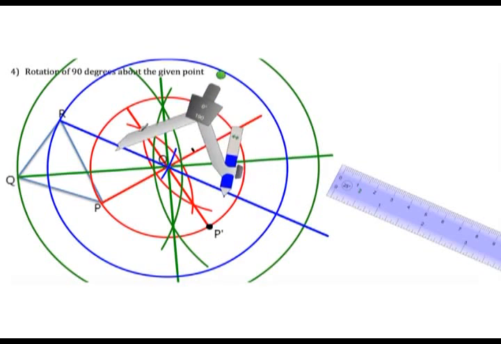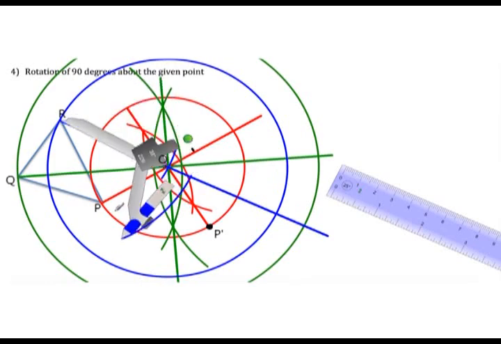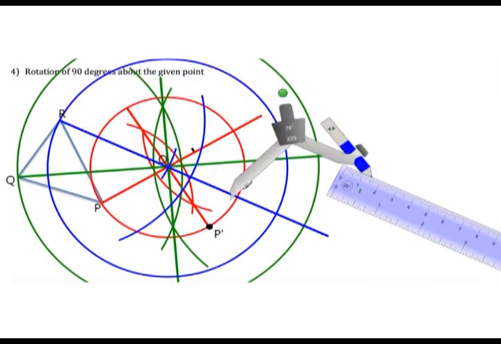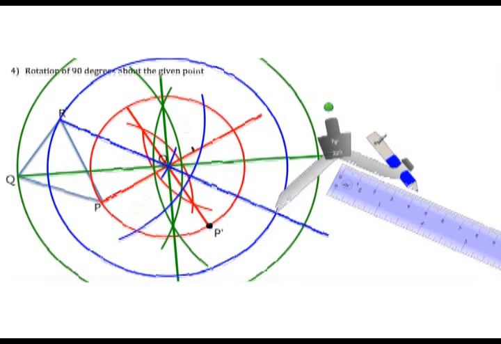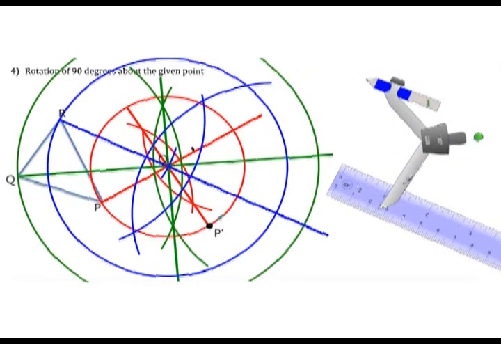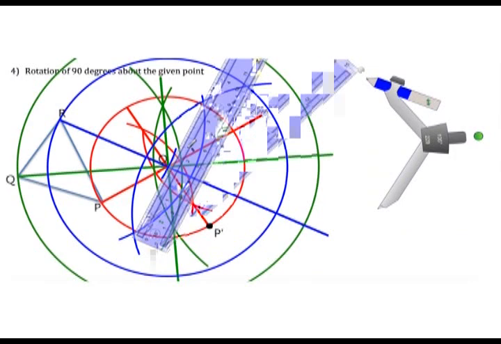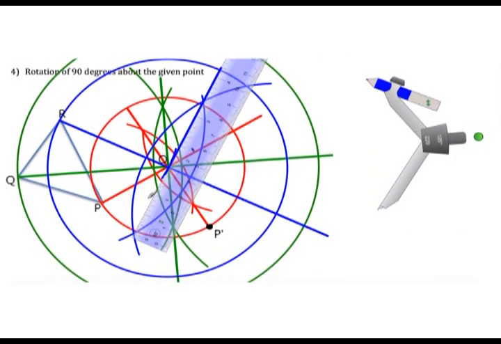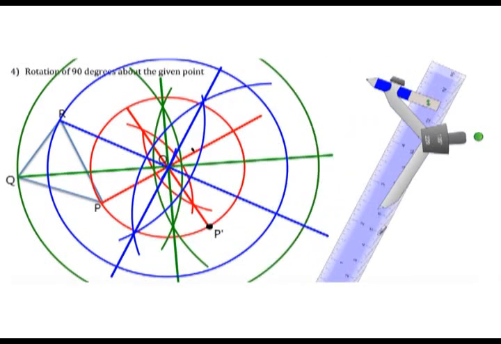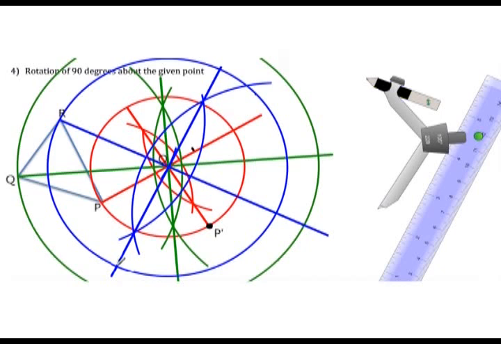Now we bisect the line. An arc to the other side. Over here, another arc. Finally, the bisector now. This point comes here, 90 degrees counterclockwise, and that's R prime.